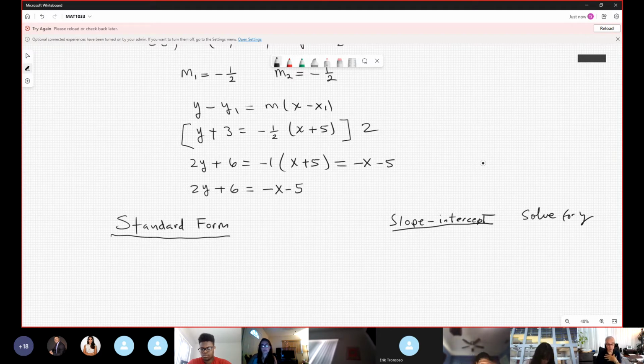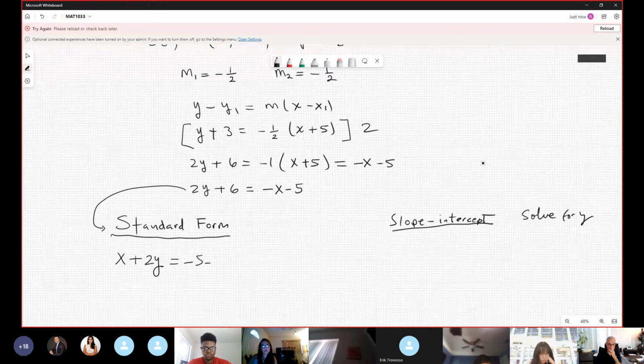In my opinion, it is super easy doing this first. 2y stays here, x I move and put in the first place, positive. And 6 I move to the right like a minus 6. Negative 5 and minus 6 together is negative 11. I have my first answer in standard form.